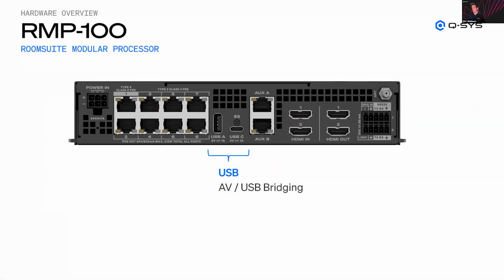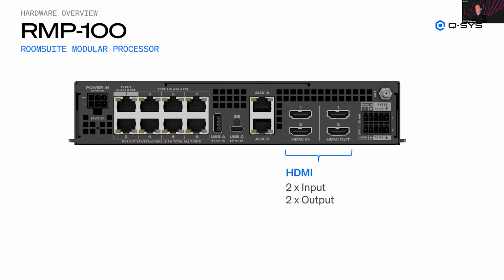So USB bridging, obviously that's the heart of these types of systems. We're bridging in our cameras and our microphones to either bring your own device or to a UC compute, either a Zoom or a Teams platform. We've got HDMI I/O, so we've got 2 inputs and 2 outputs.